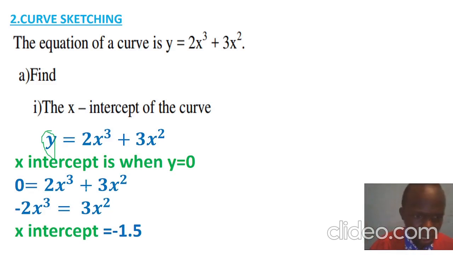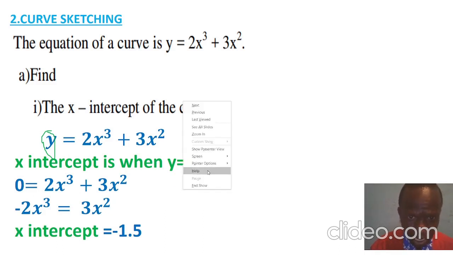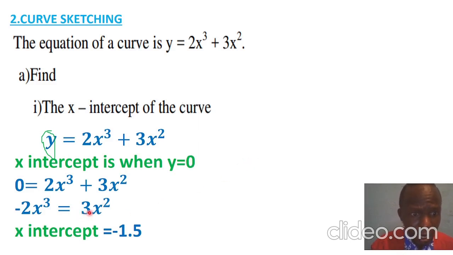Rearranging the terms, we have minus 2x cubed is equal to 3x squared. Then to get the value of x, we divide by minus 2, and the value of x is equal to negative 1.5.